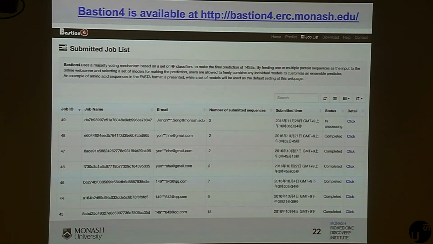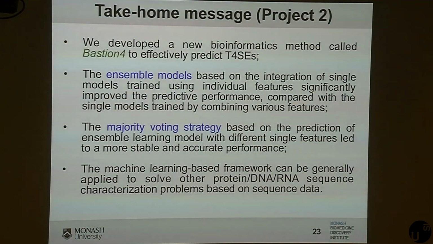A job ID will be returned after submitting the task. The users can click the corresponding unique job ID or the job name to retrieve the prediction result. Once the status is labeled as completed, users can click the corresponding button to retrieve the results.